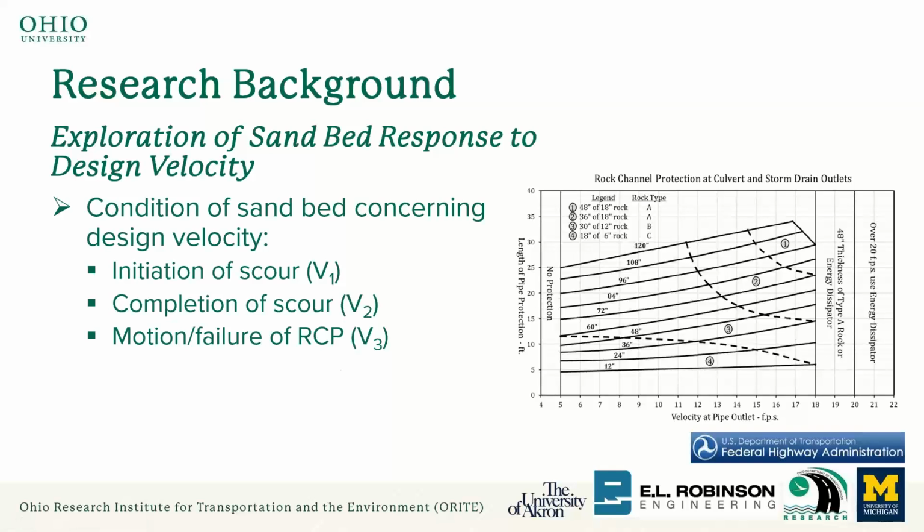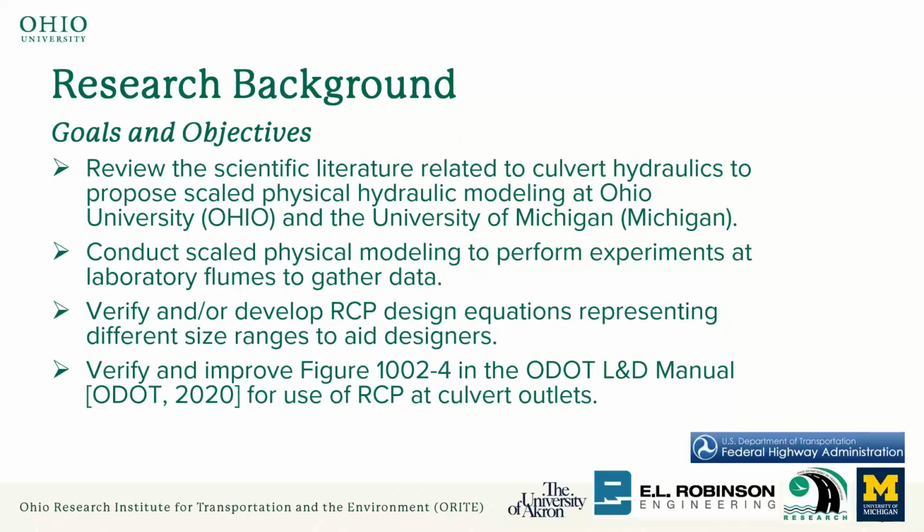V1 is the velocity that initiates scour, V2 is when the scour depth is developed, and V3 is when the velocity is so high it's actually moving the rocks or causing the collapse of the riprap. So these are the three velocities we'll try to do in our experiment, which I'll show later in this presentation.